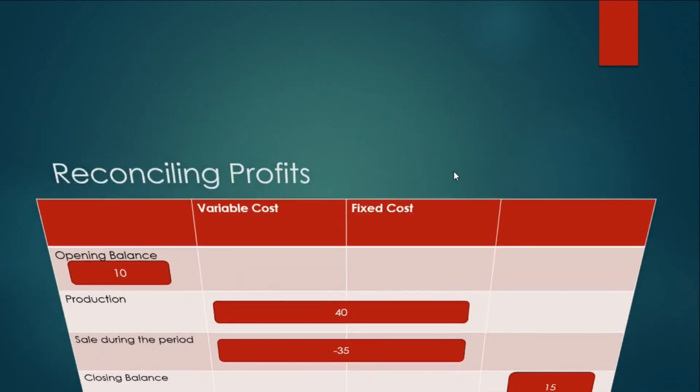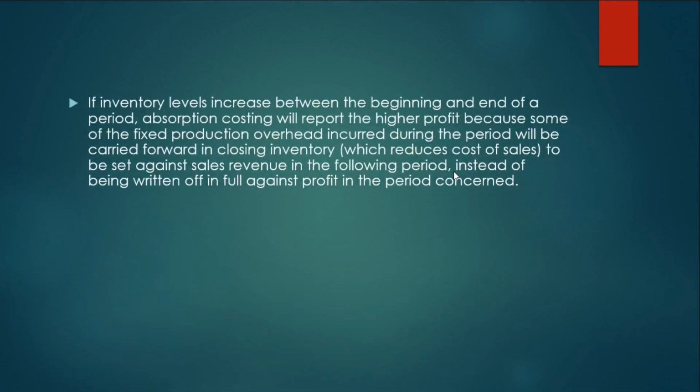Let's try to read the statement again and see if that starts to make sense. If inventory levels increase between the beginning and end of a period, absorption costing will report the higher profit because some of the fixed production overhead incurred during the period will be carried forward in closing inventory, to be set against sales revenue in the following period instead of being written off in full.